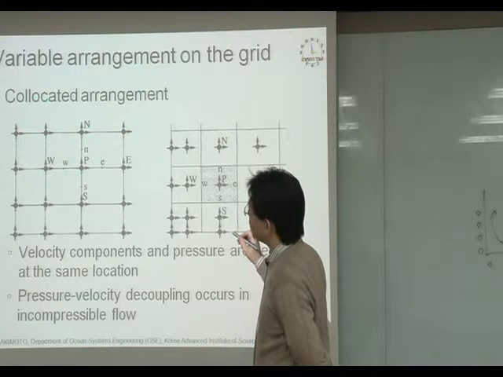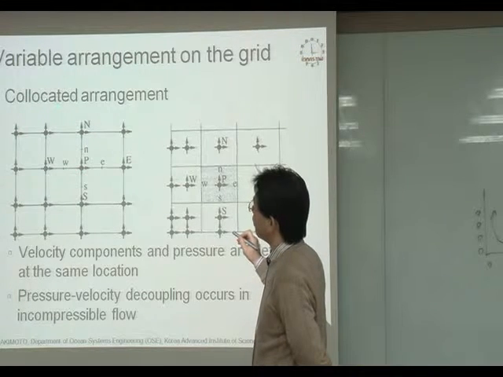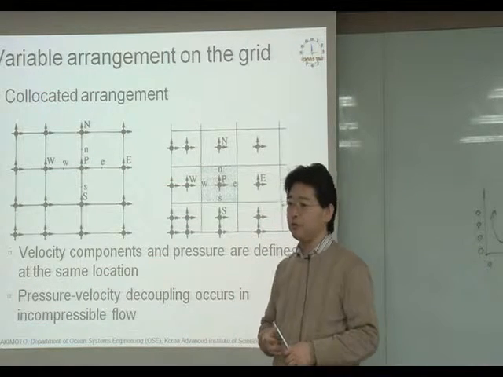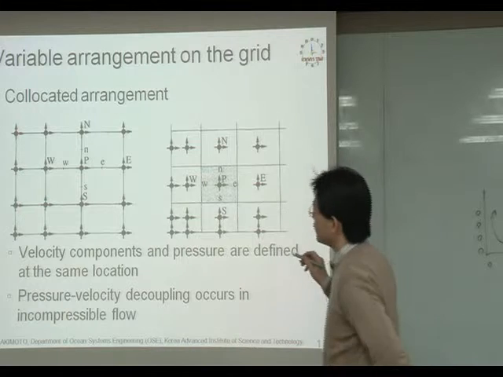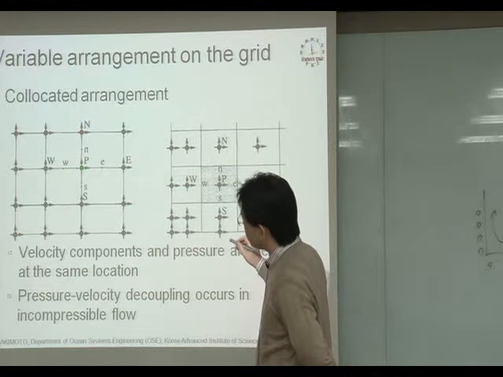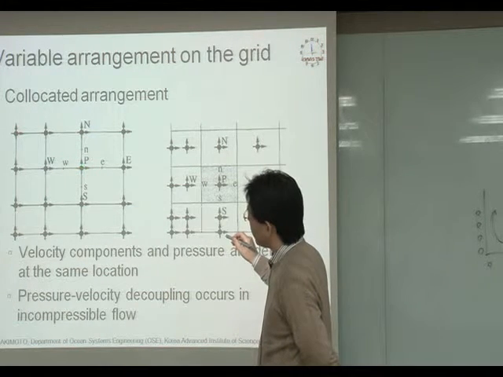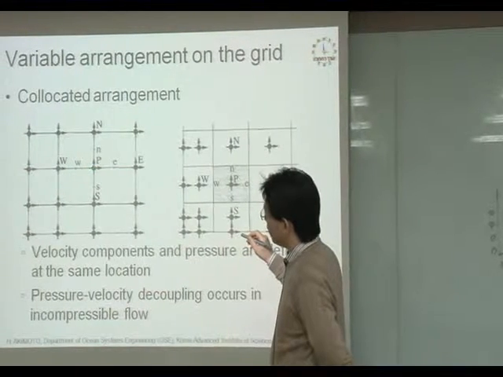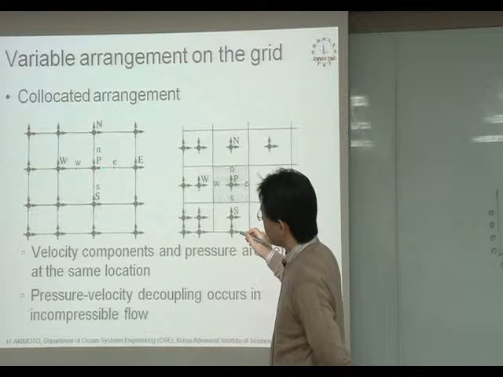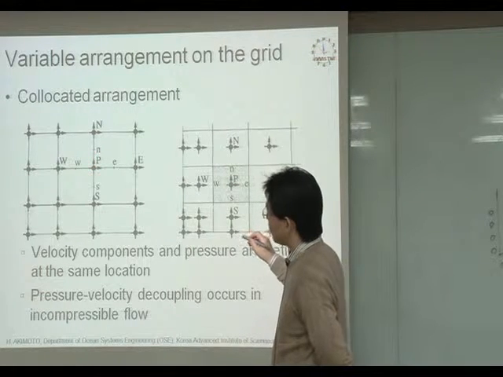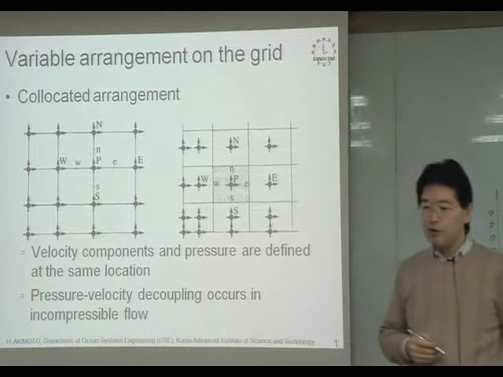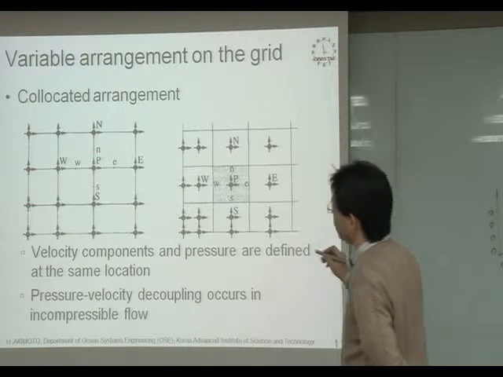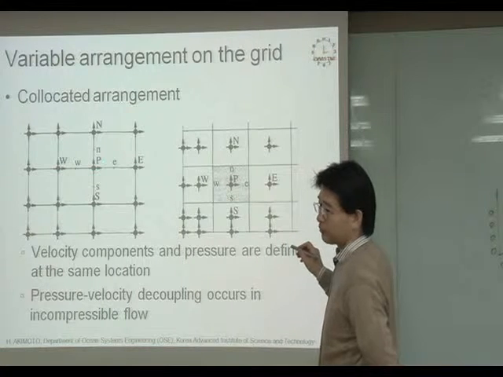Collocated means all variables are located in the same position. So it is very natural. In this case, pressure is defined on the vertex point, grid point, and these vectors indicate velocity components. In this case, u and v are also defined on the same position.